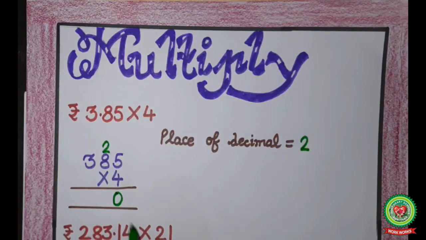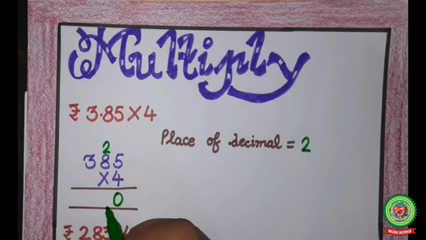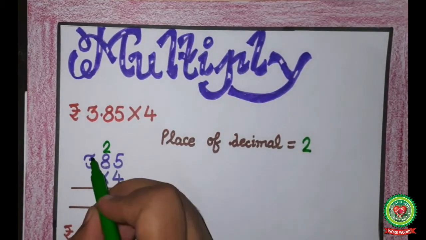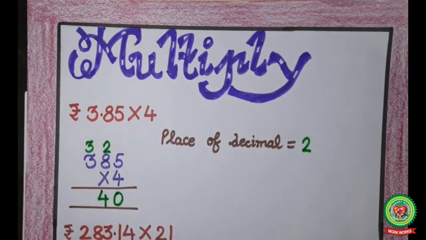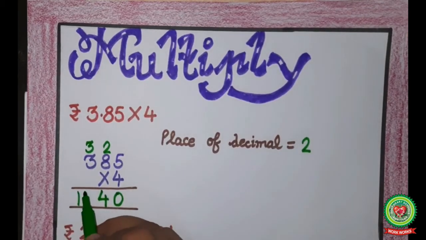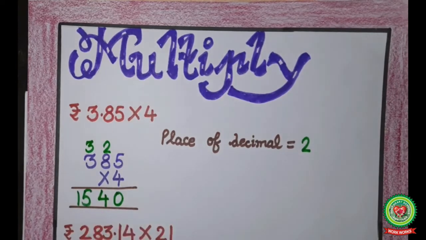Now 4 8s are 32. 32 plus 2 is 34. So 4 I will write down here and 3 here. Now 4 3s are 12. 12 plus 3 is 15. So we will write here 15.